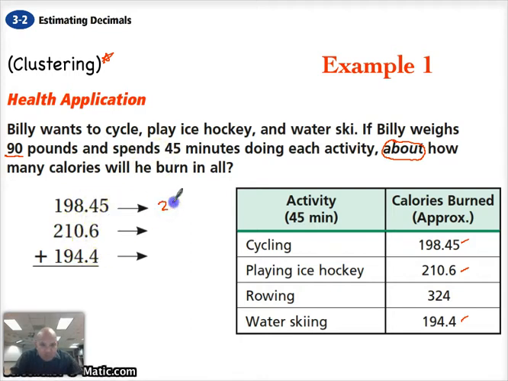So we're going to make 210 and 6/10 200. And then we're going to make 194 and 4/10 200. Now, this is really rough. It's not really rounding, but it's a very rough rounding, which is called clustering. So 200, 200, 200, he's going to burn about 600 calories doing all these activities.